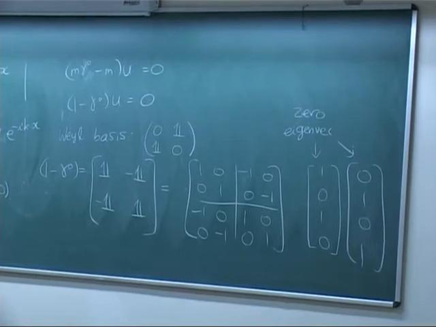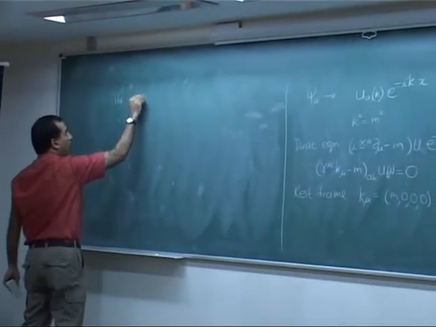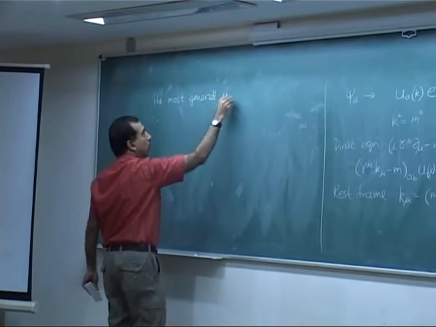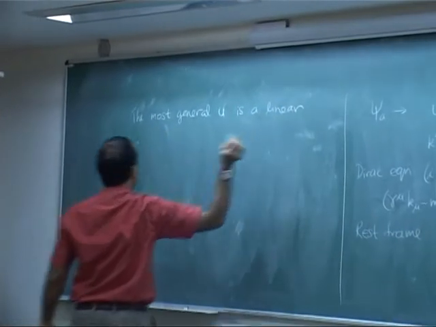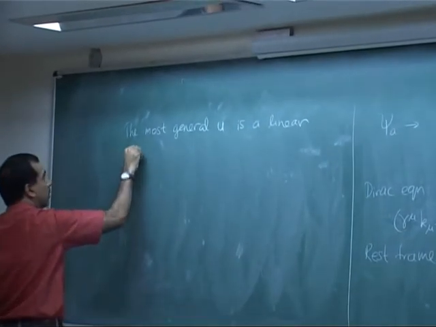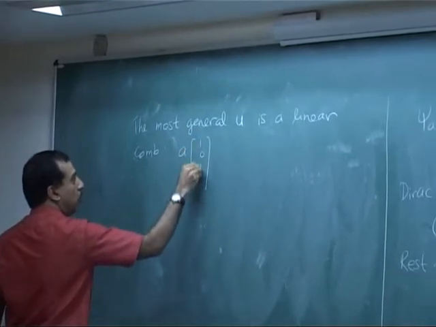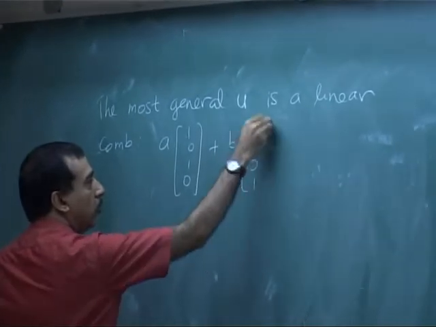Okay? So the most general u is a linear combination of those two zero eigenvectors. So it's A times 1, 0, 1, 0 plus B times 0, 1, 0, 1.